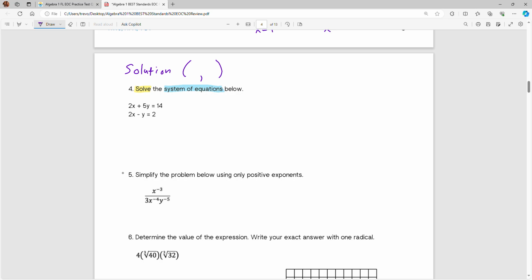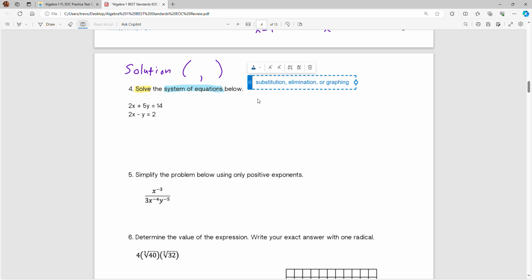Right away, I see that our x variables have the same coefficients. When you're going in to solve a system of equations, there's usually 3 different ways to solve. You can solve by substitution, elimination, or by graphing it.